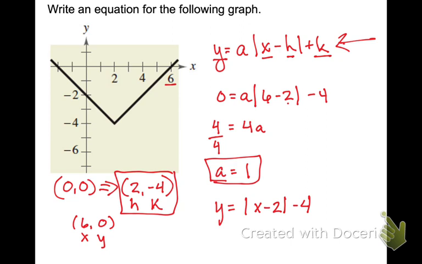That's my favorite because you just fill it in. Everything today should have an a of 1, but always check, because the biggest problem people have on the test is they don't check for the a. On the test, are you probably going to have an a other than 1? Yes. So you can't assume that a is 1 unless you've counted your slope, because a in this case is the slope.